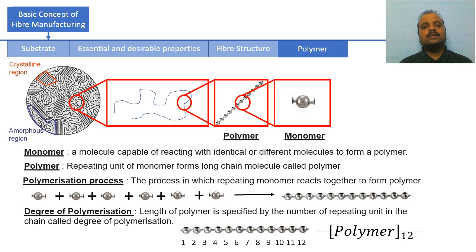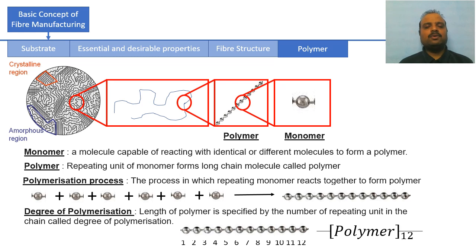If the degree of polymerization is higher, that means more monomers are joined together and form a very long chain. That is beneficial to our textile industry. The longer the chain, the higher the viscosity, and higher viscosity easily produces or spins a good quality fiber. So degree of polymerization is a very important aspect as far as fiber manufacturing is concerned.